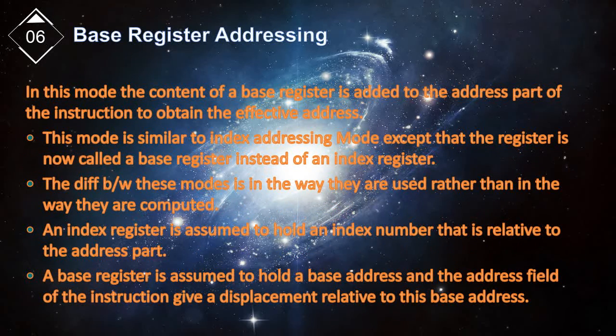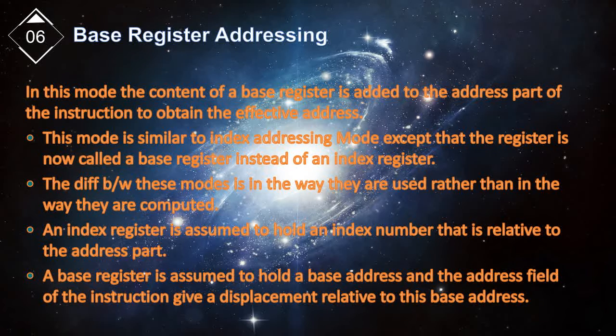Next is base register addressing. This is also a version of displacement addressing. In this mode, the content of the base register is added to the address part of the instruction to obtain the effective address. This mode is similar to the index addressing mode, except that the register is now called the base register instead of an index register.